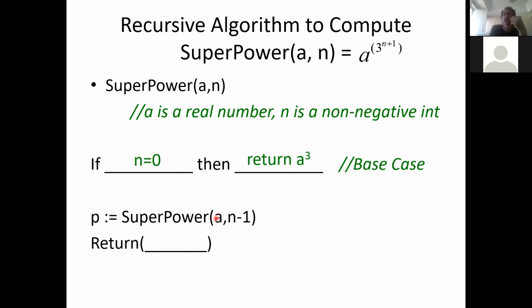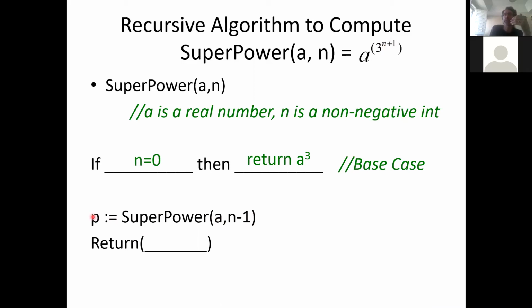In other words, how do you write this? You should write it thinking recursively. If this recursive call returns correct, what does it mean? That this is a to the 3 to the n.